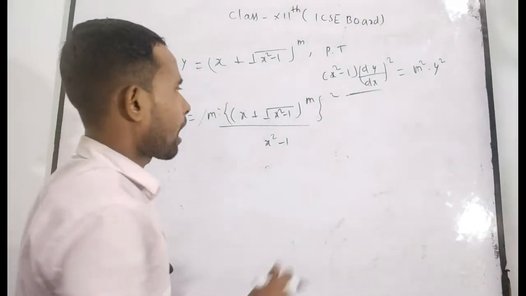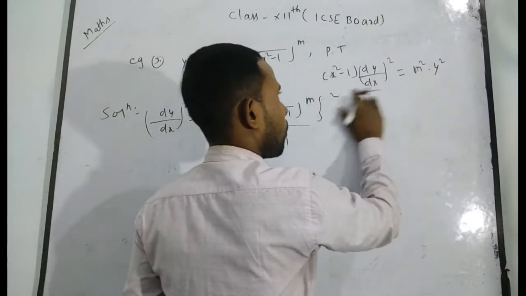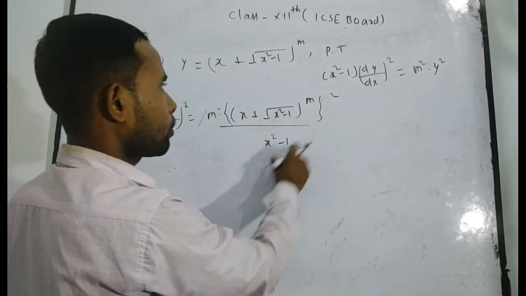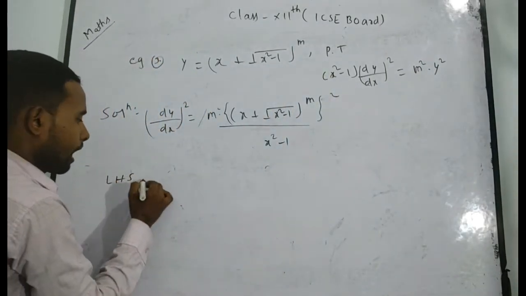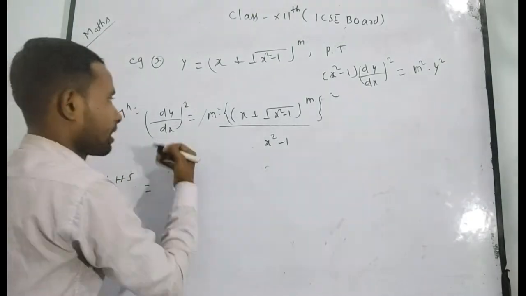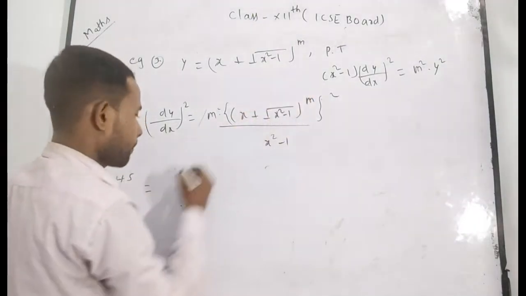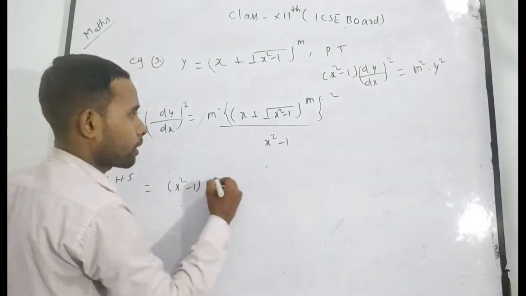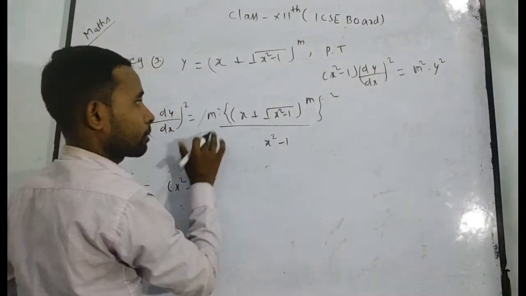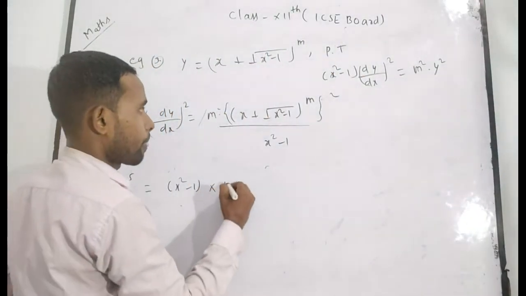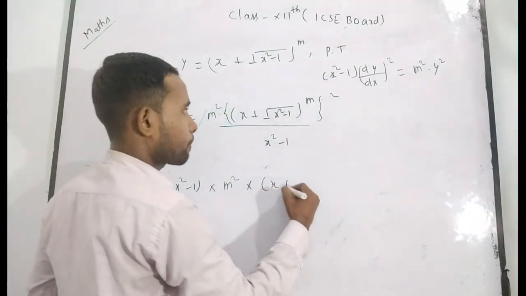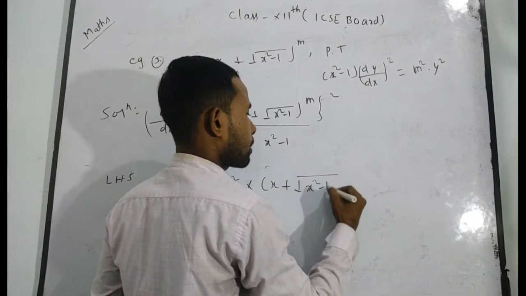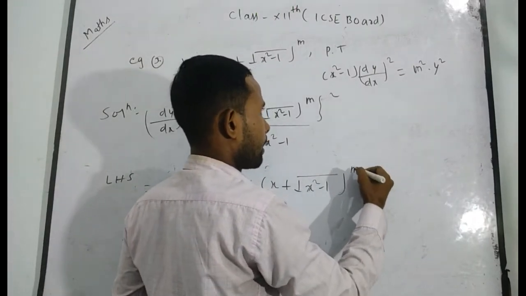Have you understood? Now, this is your (dy/dx) whole square. Now you have to put it in the LHS. After putting in the LHS, what will you get? You will get x square minus 1 into (dy/dx) whole square. That means the square of this term, that means m square into x plus root under x square minus 1 whole to the power 2m.